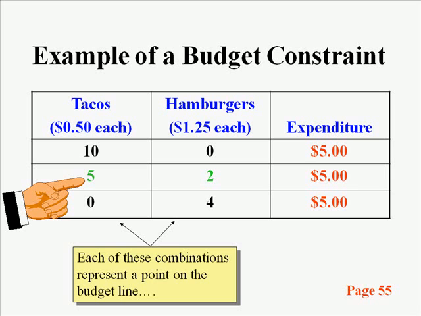So if I don't spend any money on hamburgers, I can get 10 tacos. If I don't spend any money on tacos, I can get 4 hamburgers. And then I'm going to buy 5 tacos and 2 hamburgers in order to continue to use up all $5. So our whole goal in this case is to use all $5.